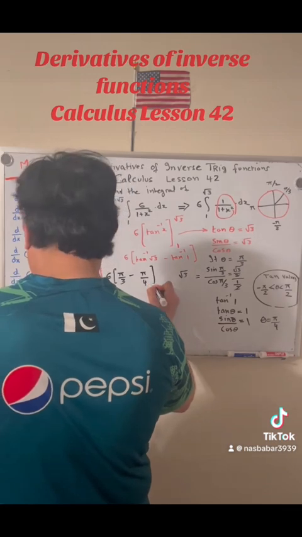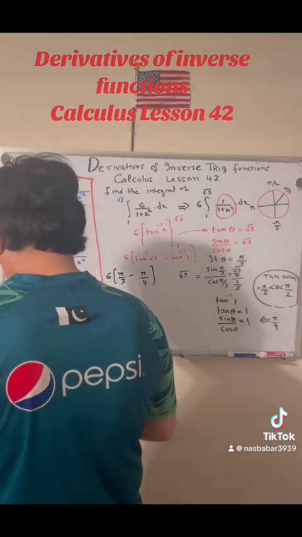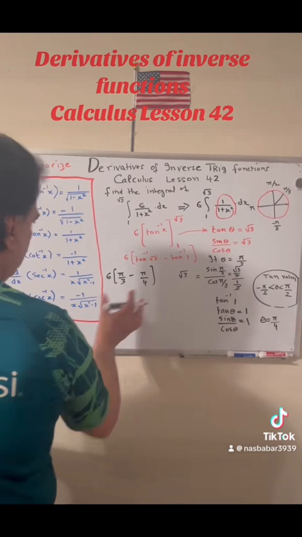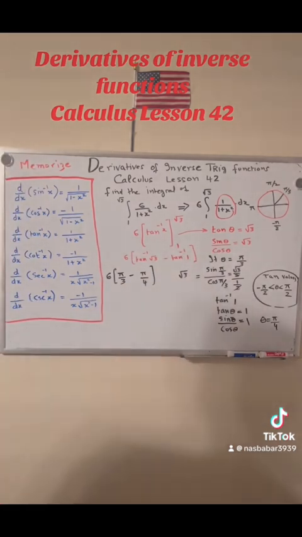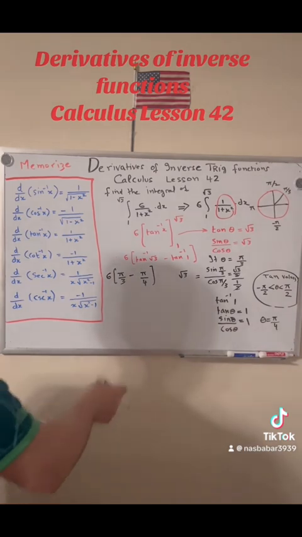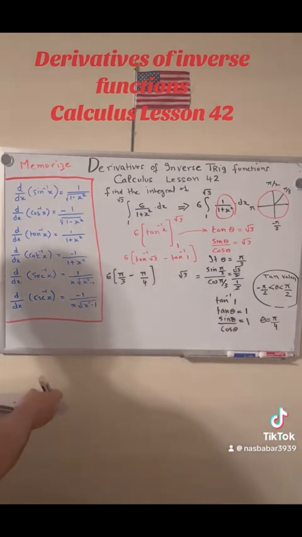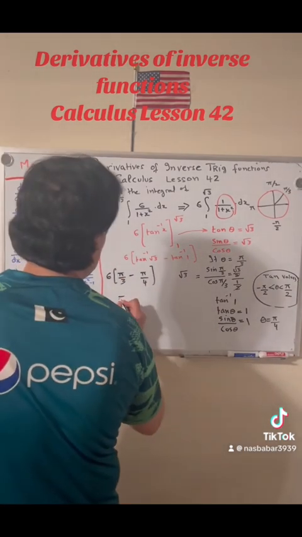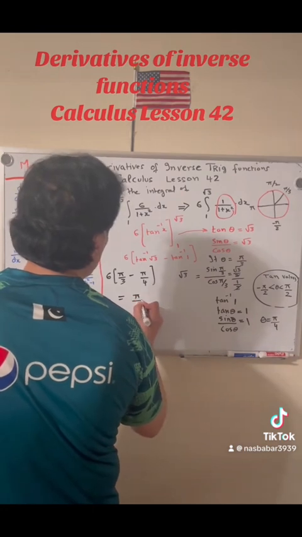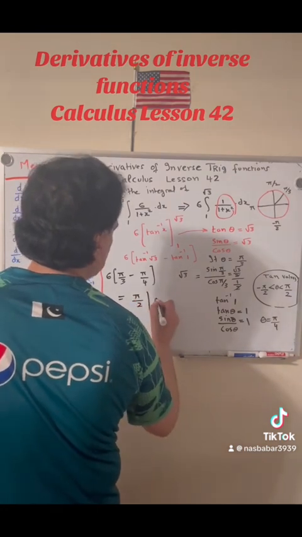We have to just solve this. All right, so now there's not much left. If you solve this, just do your math and calculus, you will see that the answer is pi over 2. That is my answer.